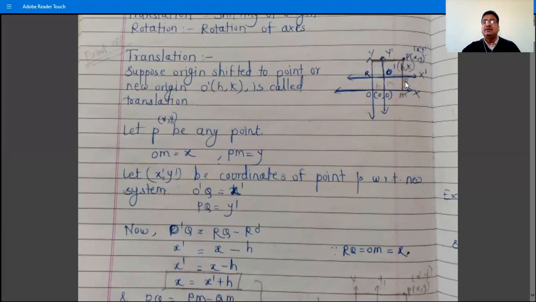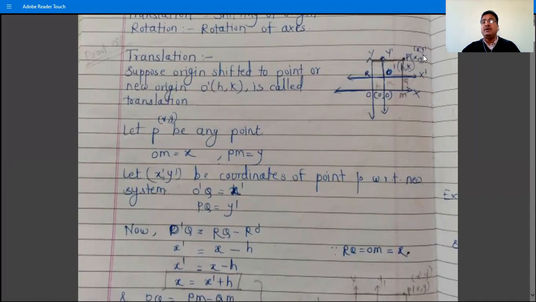If we name this point M, then this distance is its y coordinate, and this distance is its x coordinate of the point P with respect to the old system. That is how we write the coordinates of the point: draw the perpendicular on the x axis, and this distance is called the y coordinate of that point.